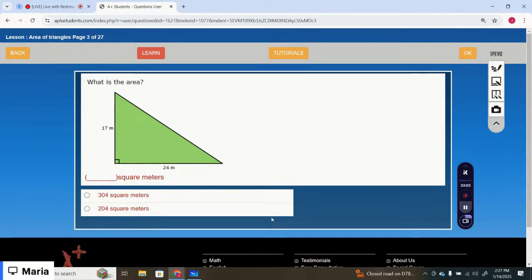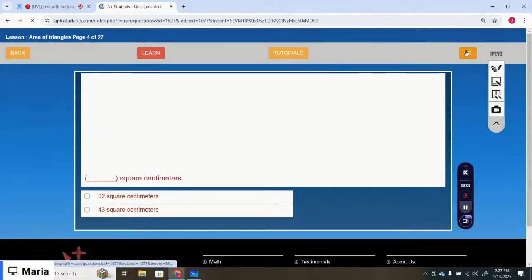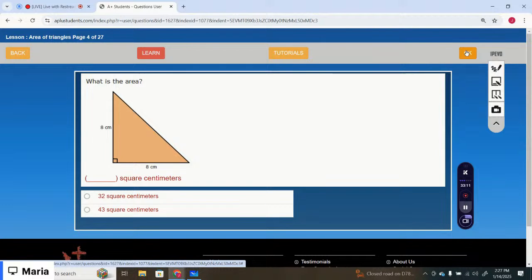Very good. That is 204 square meters. Option number 2 is the correct option. Okay, the next one is, what is the area?